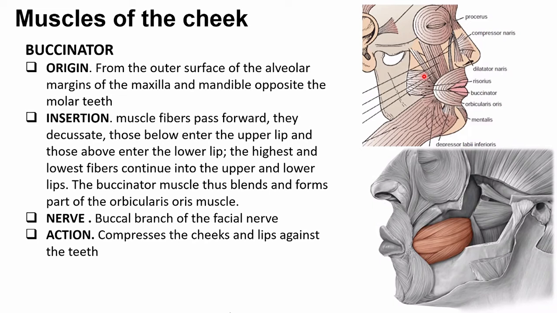So when you try to blow, that muscle will compress, will control the excessive protrusion. And also if you eat, it controls also the food. It stays inside. So that's it for the muscles of the face.